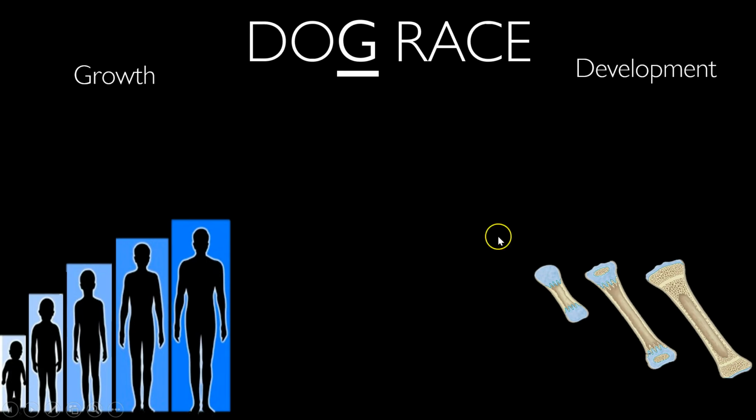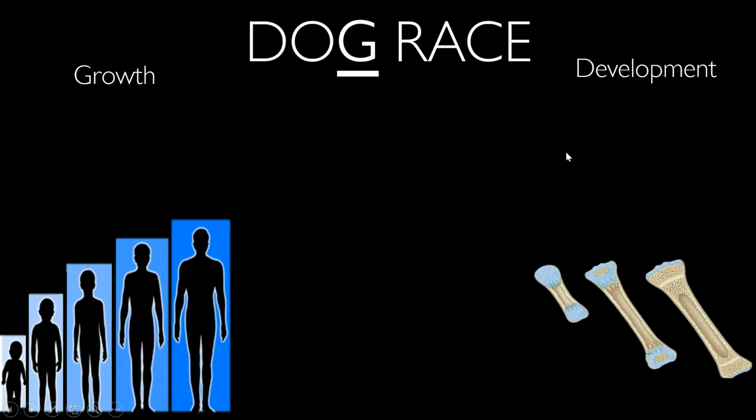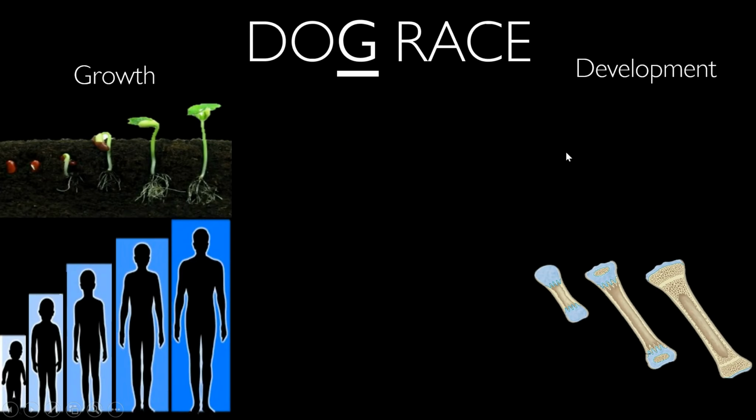So if I look at this bone right here, yes, this bone is growing, it's getting bigger, but also the structure is changing. You're getting less of this soft cartilage tissue, and you're getting more of this calcified bone structure, okay? So development is changes in structure. Another example of growth would be the growth of this plant. It's growing in size, it's getting more cells, and those cells are getting bigger.